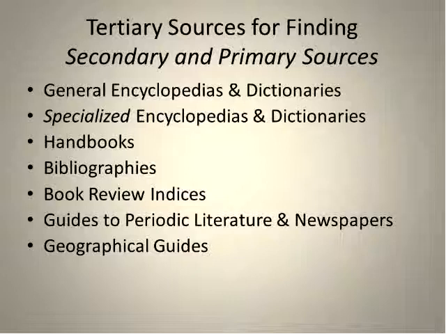If you're working on American Indians, this would be a good reference book to use to find out what you might consider thinking about and writing on. There are also bibliographies that are lists of books by subject. And this is extremely helpful because it can provide you with ideas that you did not have before.